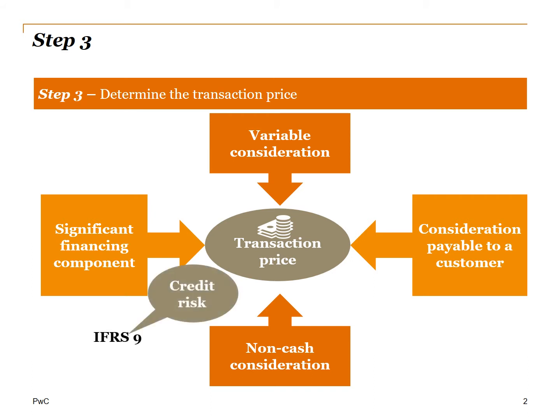The transaction price is generally not adjusted to reflect the customer's credit risk, as credit risk is considered under IFRS 9 financial instruments. An exception exists where the arrangement contains a significant financing component. The financing component is determined using a discount rate that reflects the customer's creditworthiness. So, let's look at the impact of these different areas.